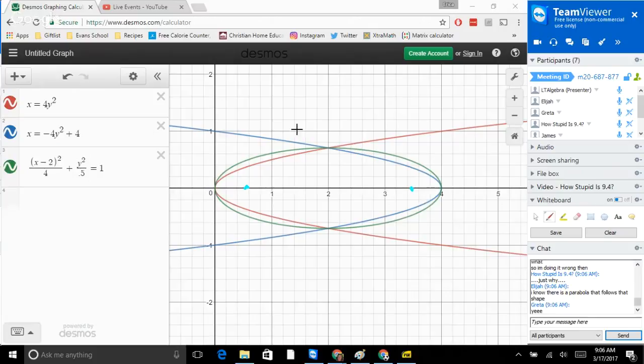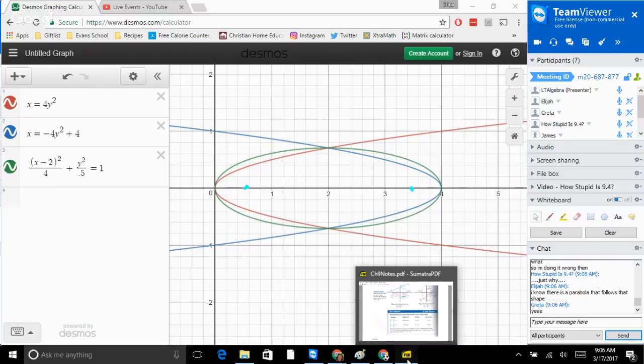I'm sure there is a parabola that follows that ellipse shape, but you're always going to have this intersection here. I agree with you. Okay, so that was just my fun 30 seconds this morning. You know, fun with math.